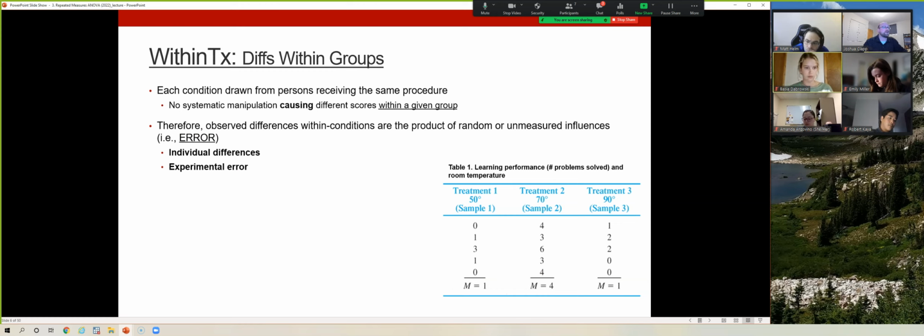We contrast this against our within treatment variance. Again, if the only thing driving differences in whatever outcome I'm interested in is this grouping variable, then everybody in the same group should have the exact same score, right?